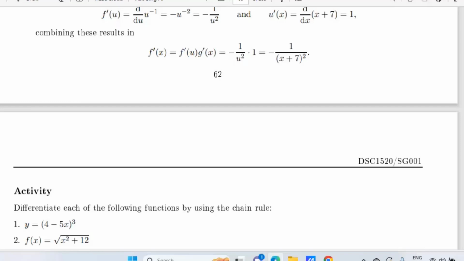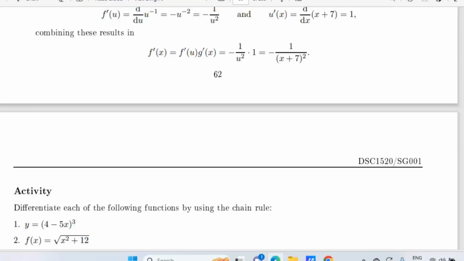And we know that square root of u is the same as u to the power half.